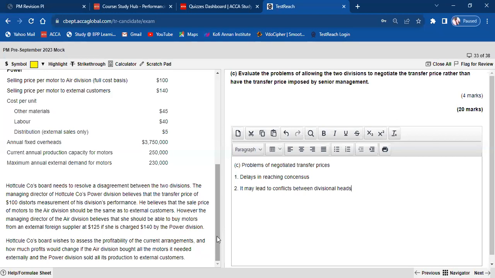It can lead to conflict between them. What else? Problems of allowing negotiations to happen.